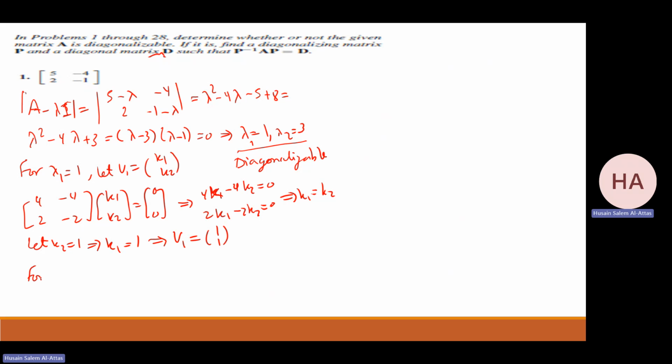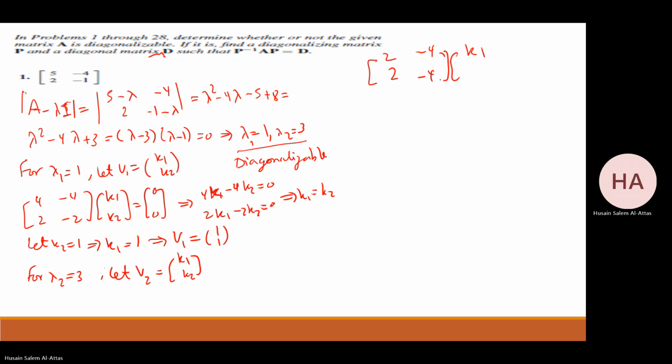Now for lambda 2 equals 3, I let V2 be K1, K2. So I have the system 2, minus 4, 2, minus 4, times K1, K2 equals 0, 0.